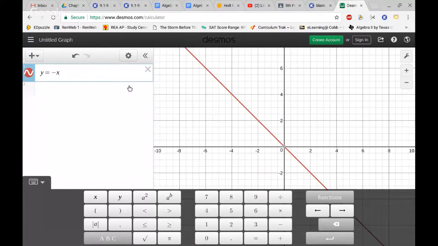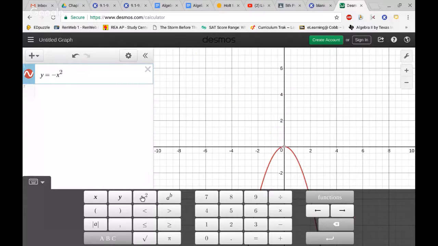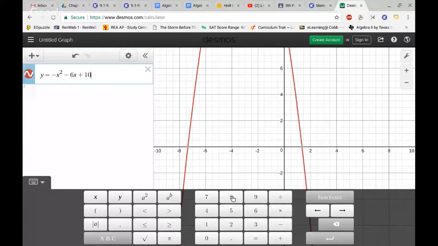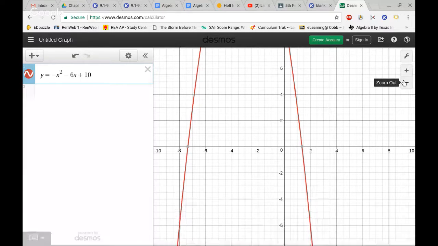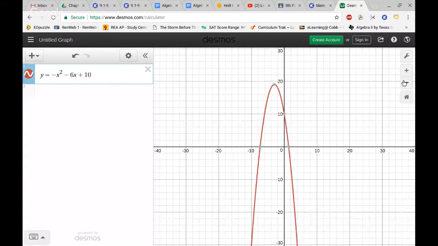Negative x squared minus 6x plus 10. Huh.